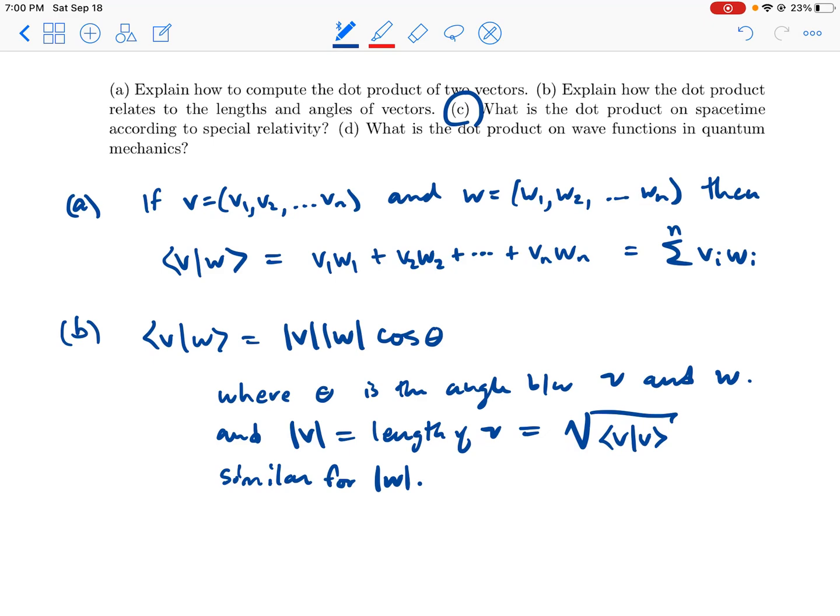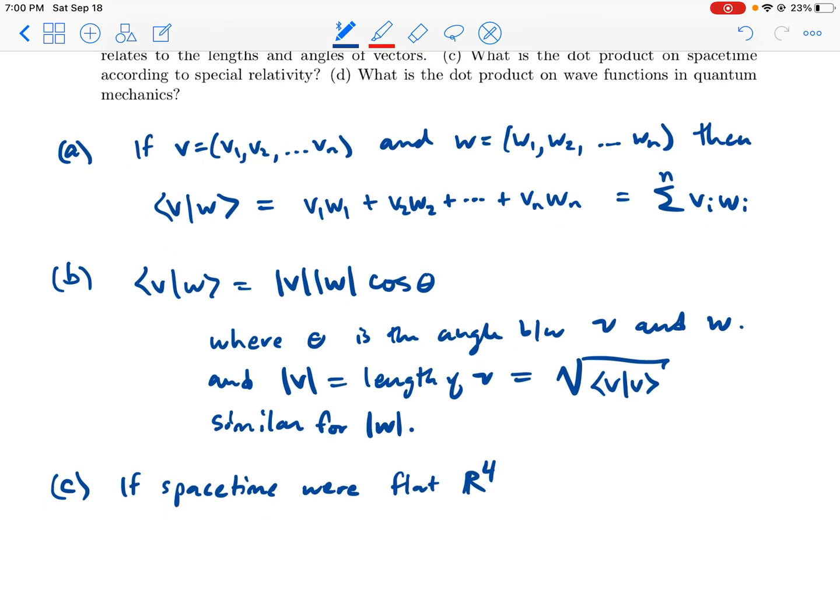C. What is the dot product on space-time according to special relativity? Okay, so if space-time were flat R4, by the way, I'm just putting this in there so you see it, and so you know that the dot product you can tweak it and change it, but it's roughly the same thing, although the changes can result in very different behavior.